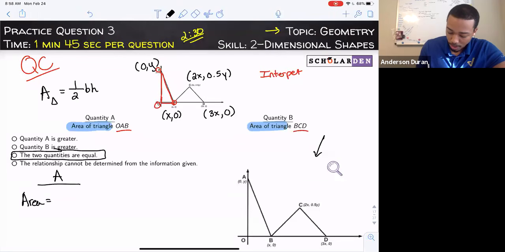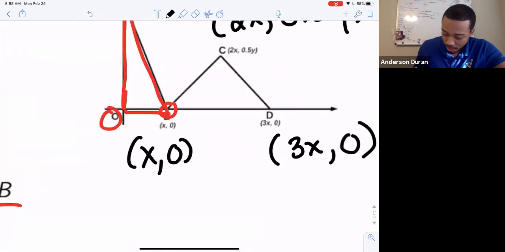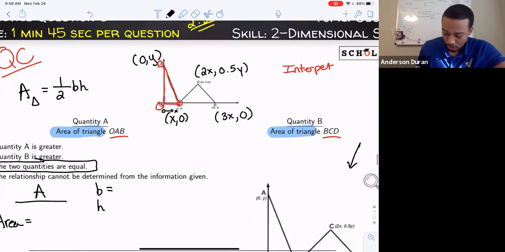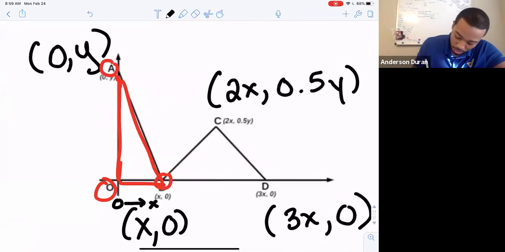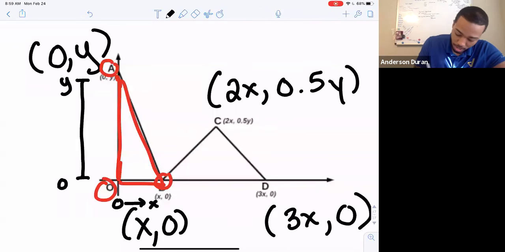equals, well, what's my base and what's my height? So for A, if I take a look here, the base would be the distance from here to here, which, if we're looking at the X values, we see that we're going from 0 to X. So the base would be X minus 0, which is X. Now with the height, we are going to see how far up we go, from 0 to Y, because remember the origin is 0, 0.